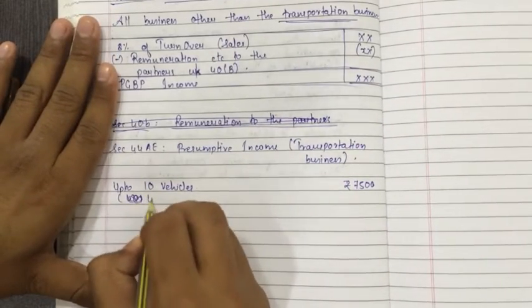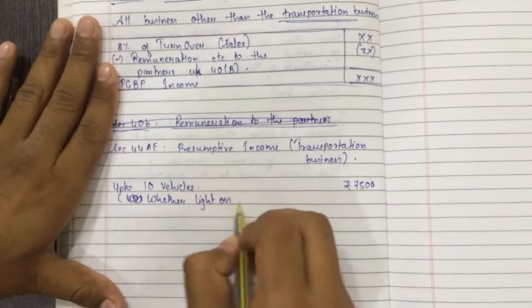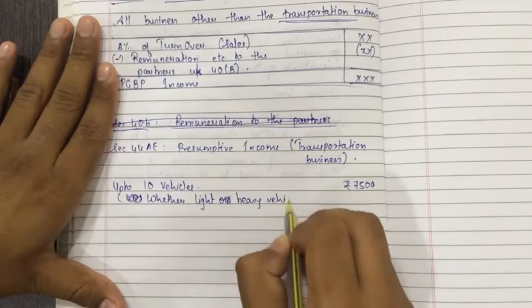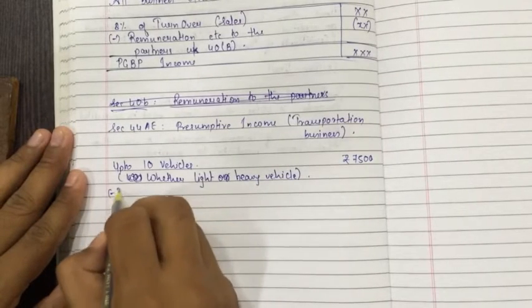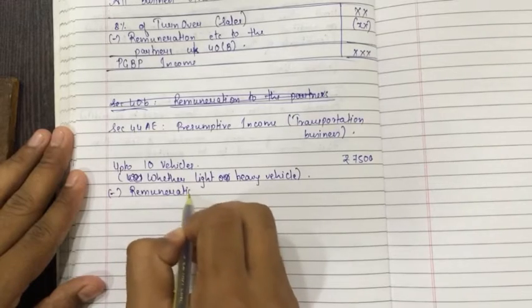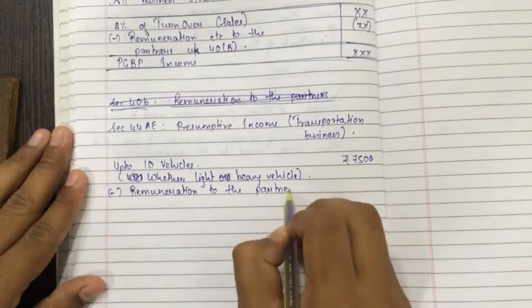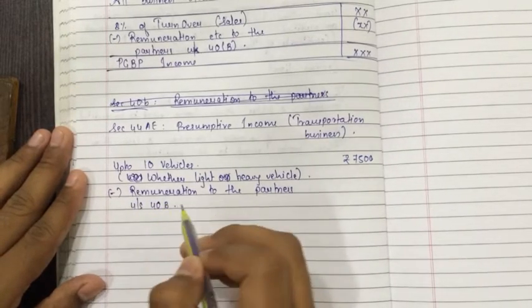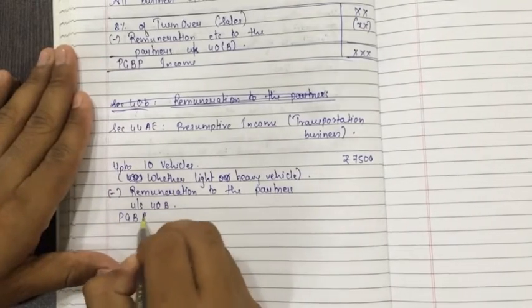Whether light or heavy vehicle, less remuneration to the partners under section 40B, and we'll get PGBP income.